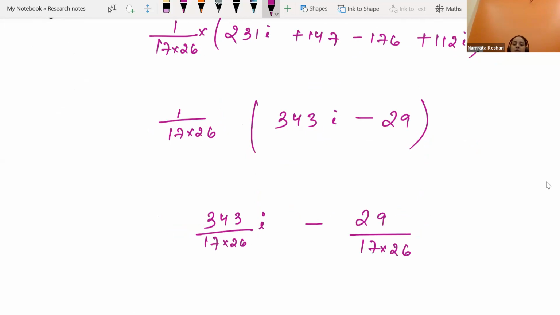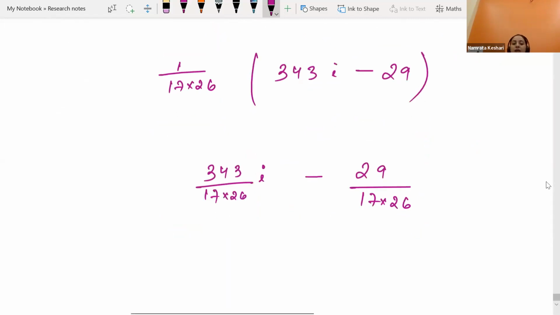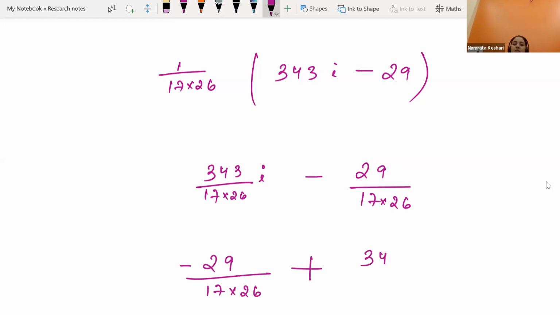So basically we have our real part in a plus ib format. If you write it, it is this: this is our real part, plus 343 by 17 into 26 i. This is our imaginary part. A plus ib format we have created.